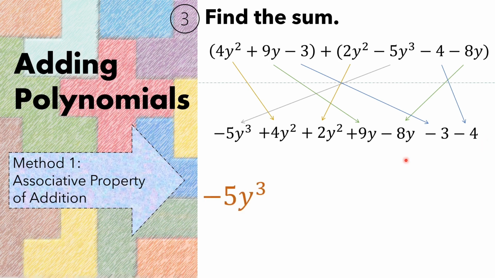Copy negative 5y cubed, then 4y squared plus 2y squared is 6y squared. 9y minus 8y is positive y. Then negative 3 minus 4 is negative 7. So the sum is negative 5y cubed plus 6y squared plus y minus 7.